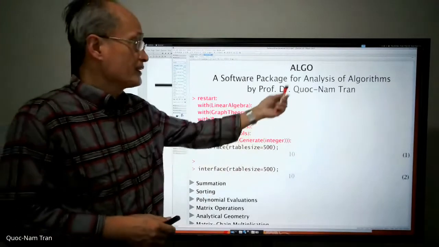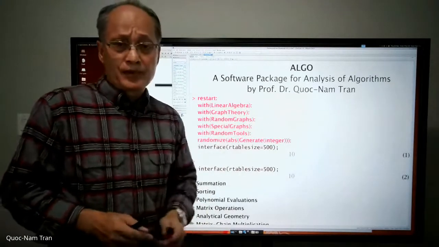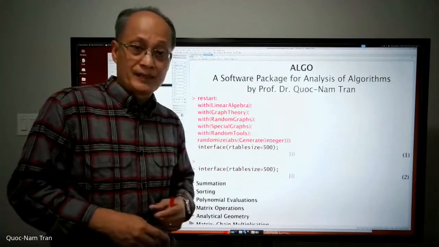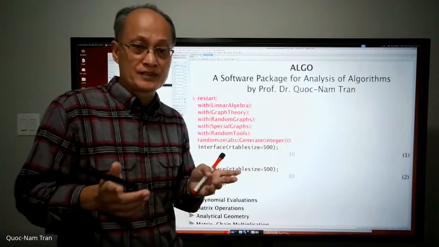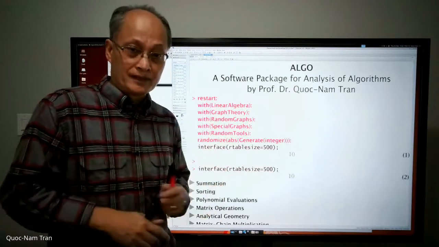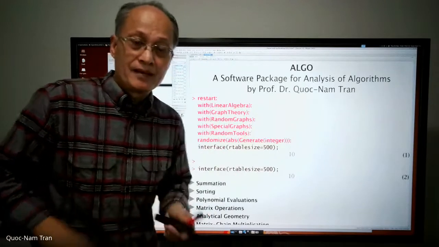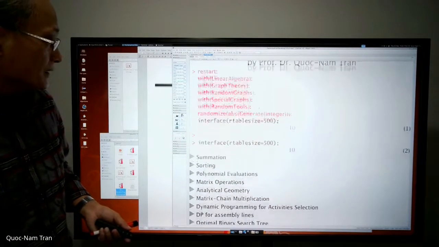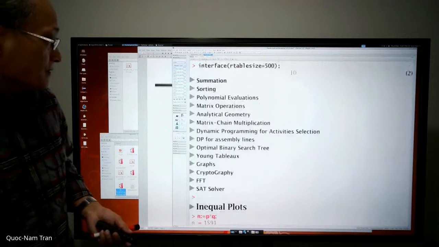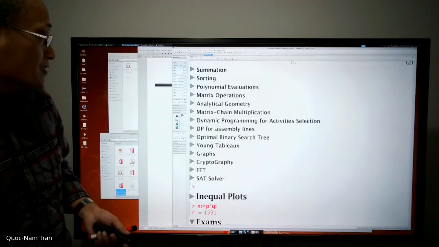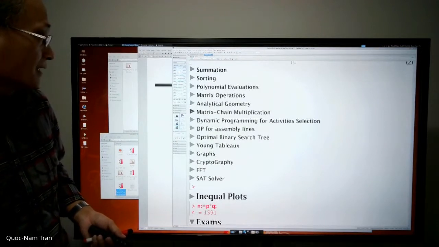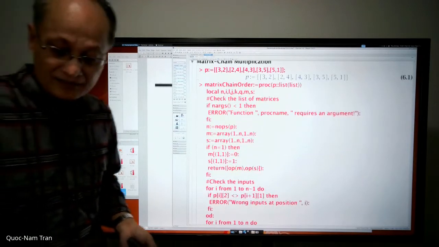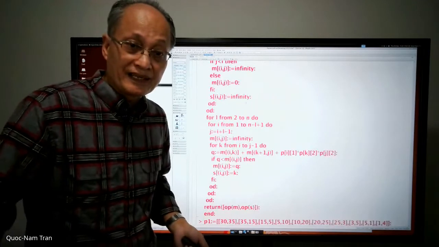And I have everything here using a programming language we call Maple, okay? Same thing for Mathematica. Actually, I was a software developer for the software Maple and Mathematica. So here I have the algorithm for matrix chain multiplication, all right? And the algorithm is exactly what I gave you in the class.